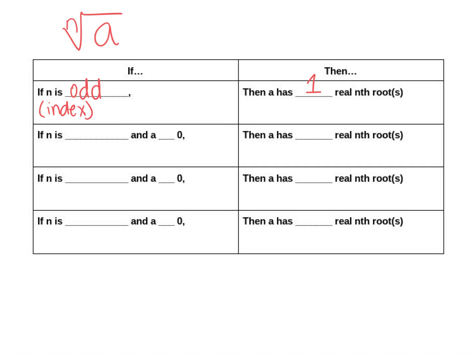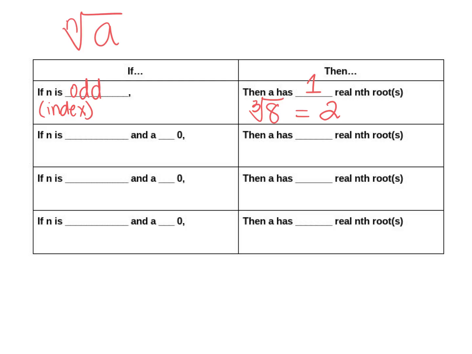So for example, if you have the cube root of 8, that is only going to be 2, because to give you 8, there's only one way you can multiply 3 of the same number to get you 8.